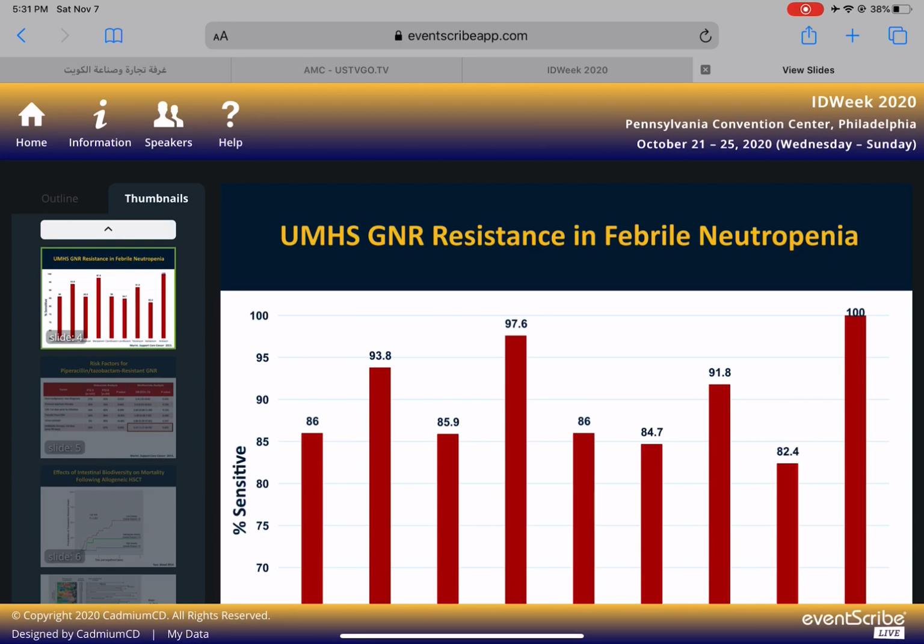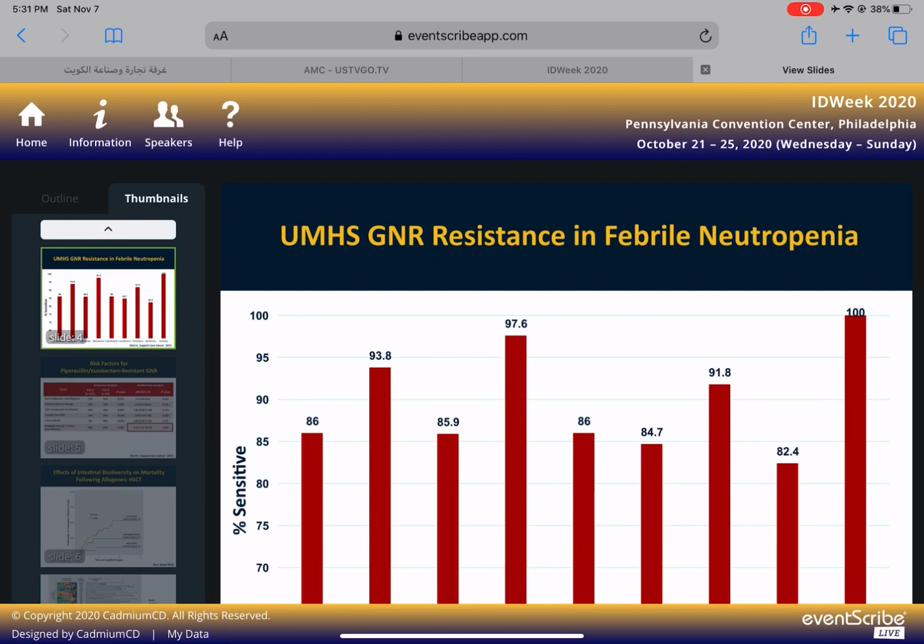At our institution, we put together an antibiogram that was very specific to oncology patients with fever and neutropenia. Depending on which type of cancer the patient is presenting with, we will treat those patients with either piperacillin and tazobactam or cefepime if they develop fever and neutropenia.